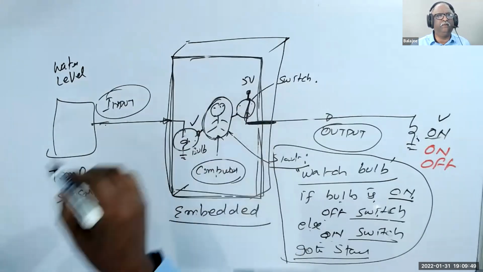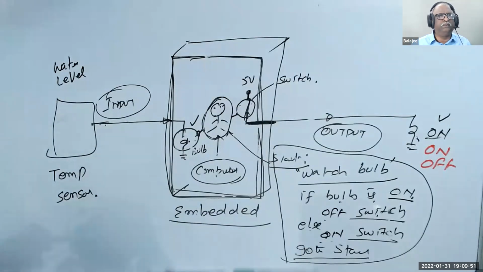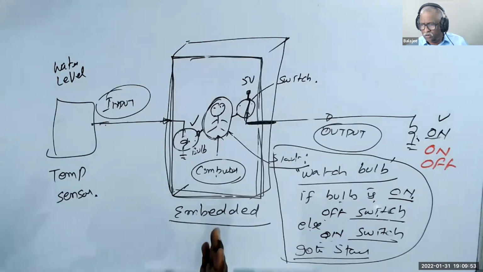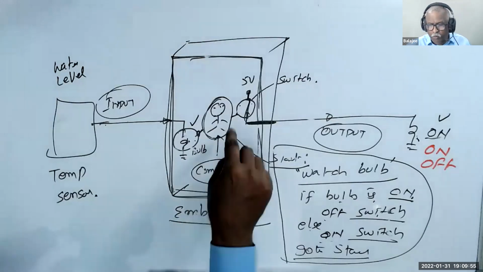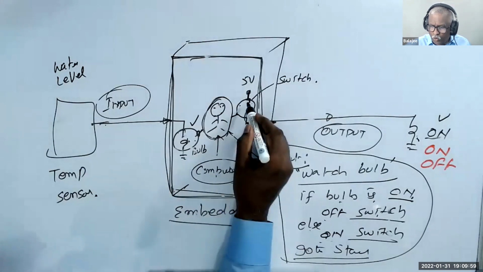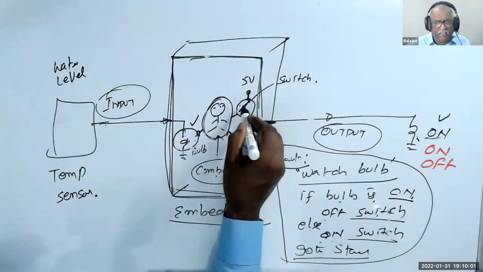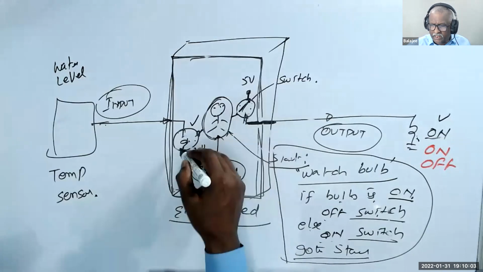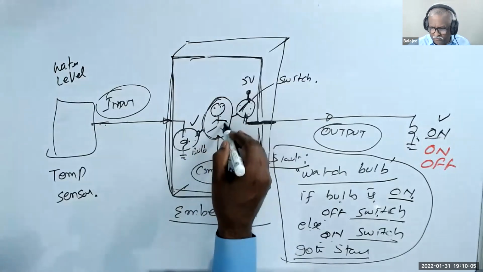Somebody has asked whether both the bulbs are visible, right? No. For you, the input bulb and input switch, you cannot control. The input bulb and the switch can be controlled only by the computer, not by you.